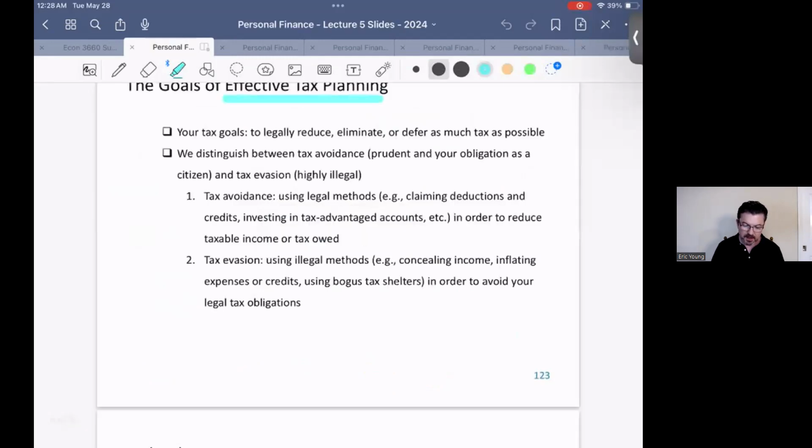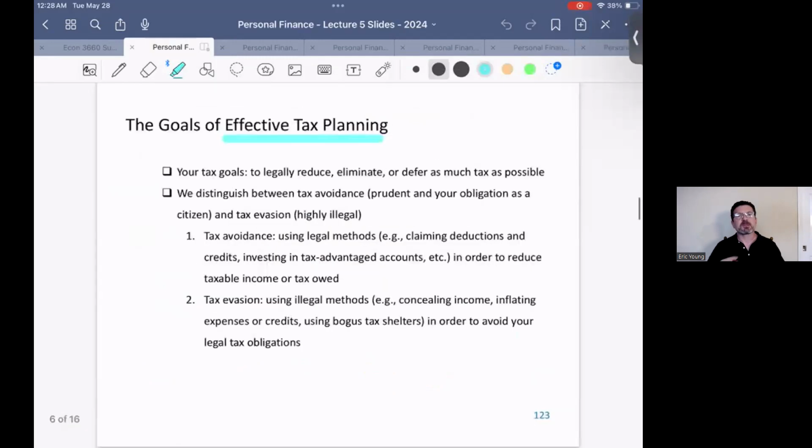There we go. So why do I bring up all these big picture concepts? Well, because ultimately there are three goals, as it were, when it comes to tax planning. The goals of tax planning are to, and I stress the word legally, we'll get to that in a minute, legally either reduce, eliminate, or defer as much of your tax as possible.